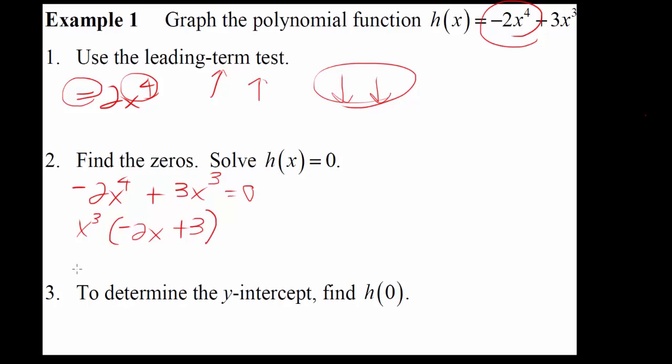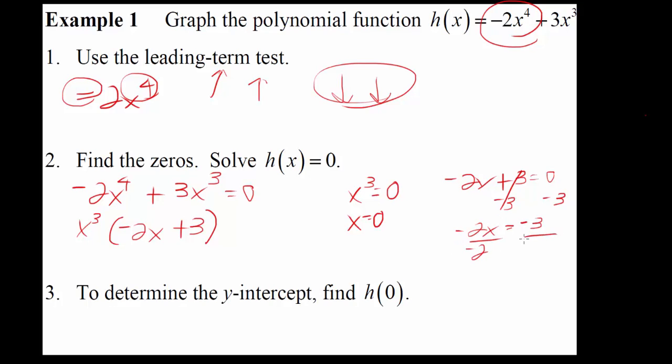And I set both of these equal to 0. x cubed equals 0, so x equals 0. And then negative 2x plus 3 equals 0. So I move the 3 over by subtracting it from both sides, and I get that negative 2x equals negative 3, and then I can divide both sides by negative 2 and get that x equals 3 halves.